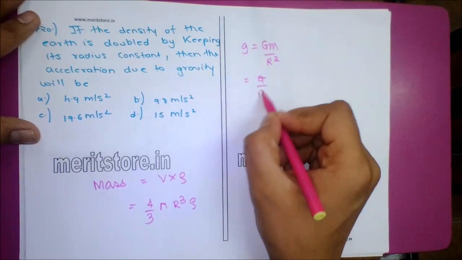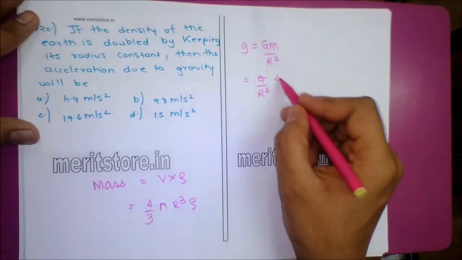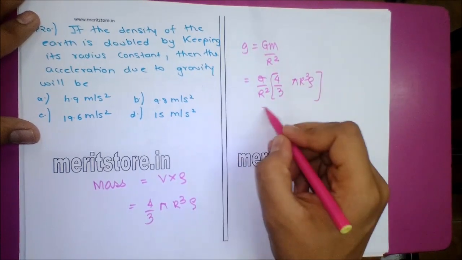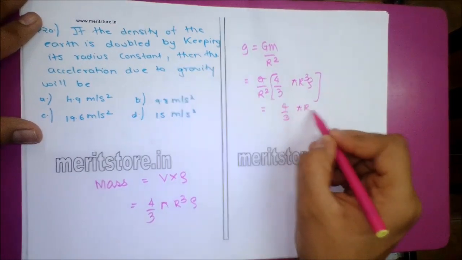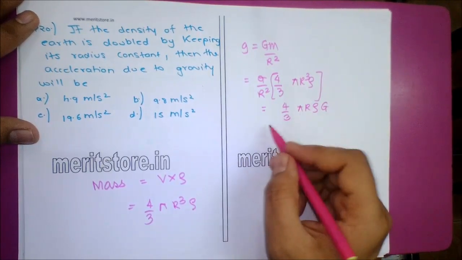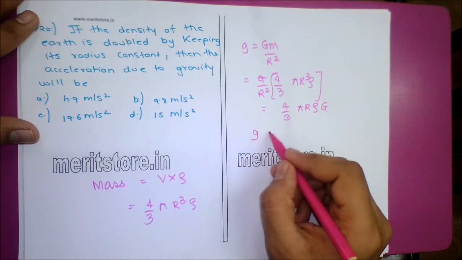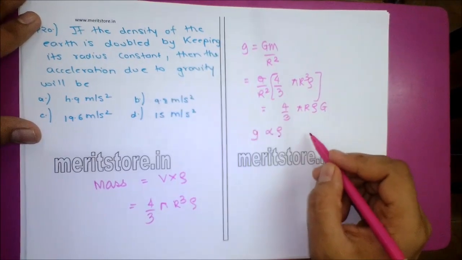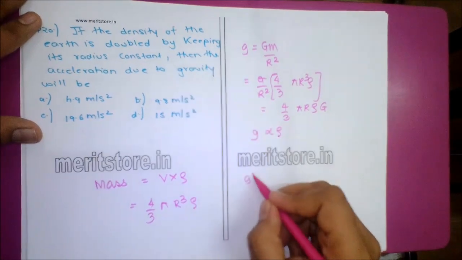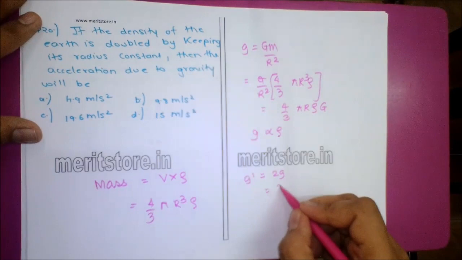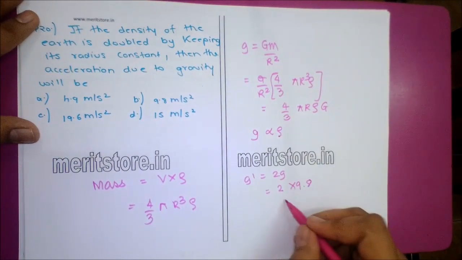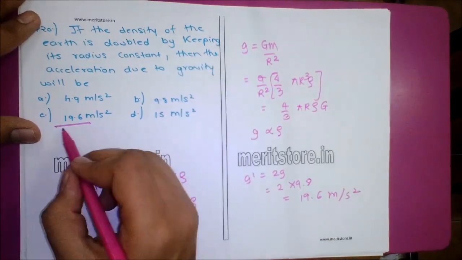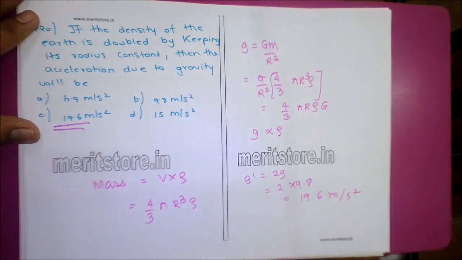We can substitute the value for mass, which is 4 upon 3 pi r cube rho, which gives 4 upon 3 pi r rho G. Since we can say g, that is acceleration due to gravity, is directly proportional to the density, r and G are constant. If density is doubled, so g dash is equal to 2 times g, so 2 into 9.8, which is equal to 19.6 meter per second square. So option C, 19.6 meter per second square, is the correct answer.